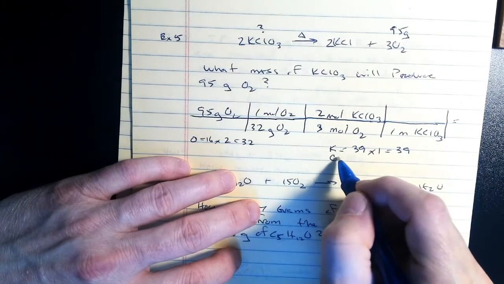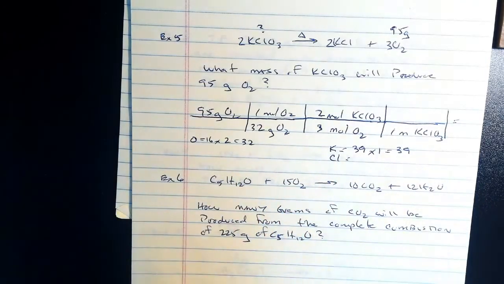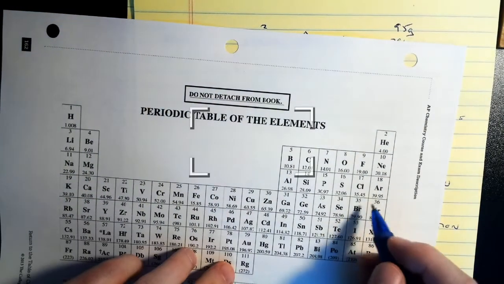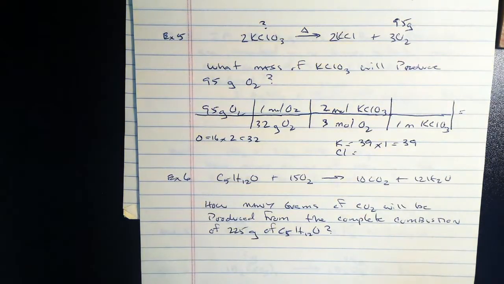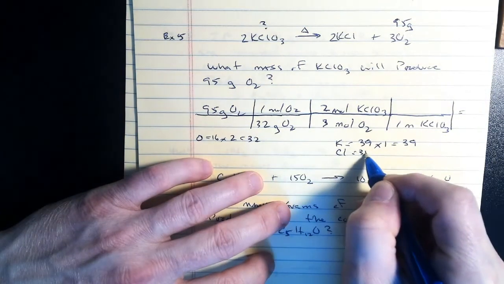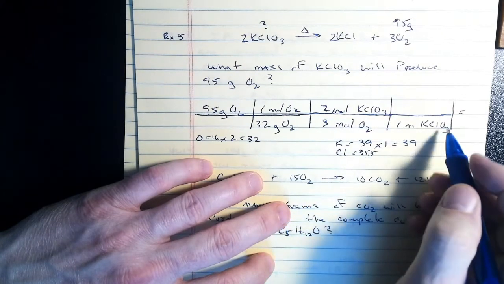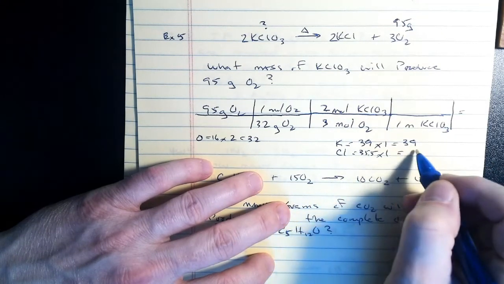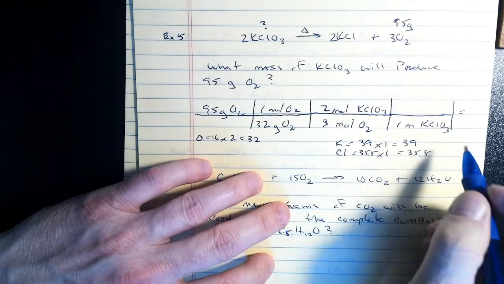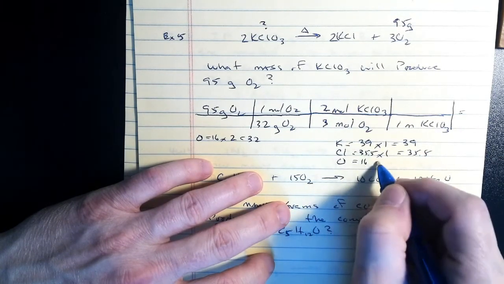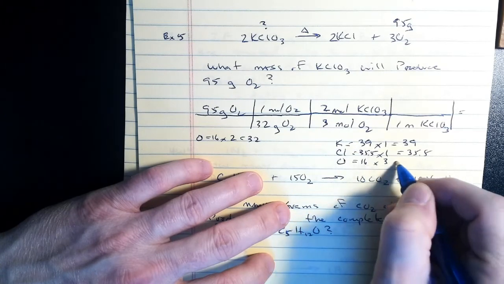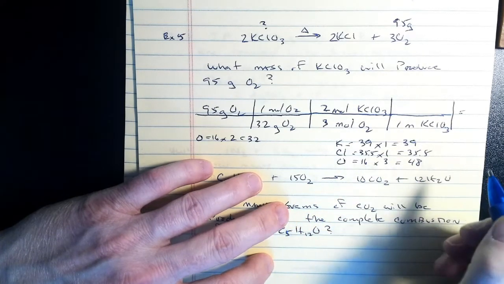Chlorine is equal to, now chlorine is always right in the middle. We're going to call chlorine 35.5. And we only have 1 times 1 is equal to 35.5. Then we have the big O. We know that 16 times 3 is equal to 48.